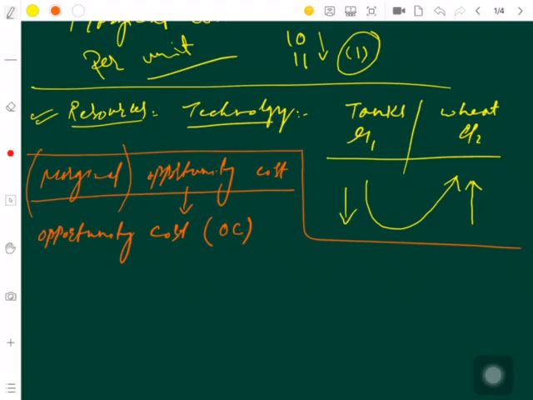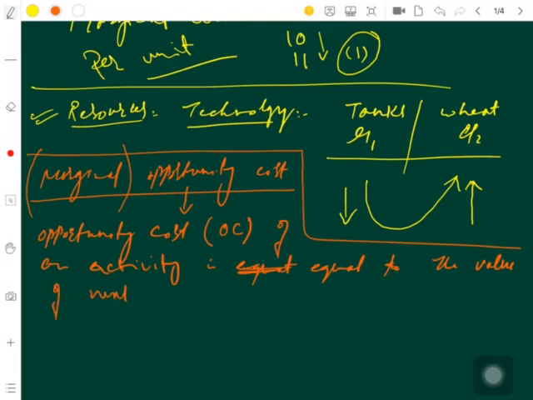Opportunity cost of an activity is equal to the value of next best alternative foregone or sacrificed.